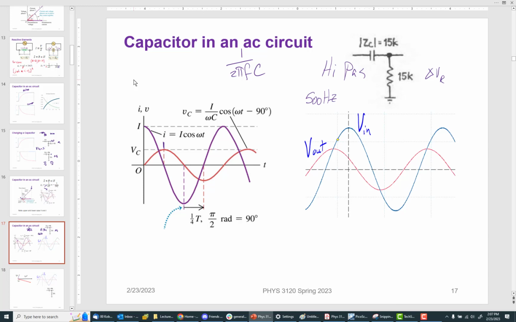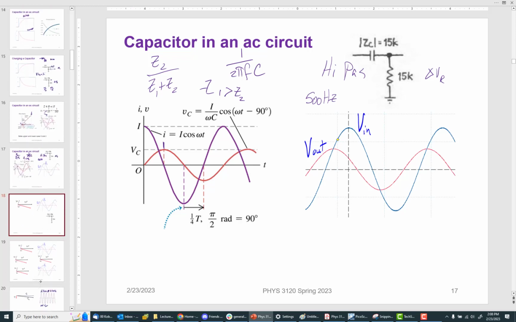That means the capacitor has a high impedance at this point. And it makes sense, because the V out is less. Remember our voltage divider equation: right now Z1 is greater than Z2, so V out is less. But when the capacitor Z is high, that's when you see the most phase shift.